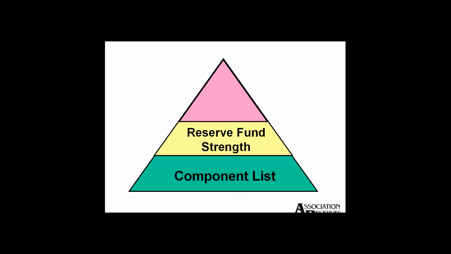Okay, well, after you have that reserve component list, the second result of a reserve study is the calculation of reserve fund strength, which reveals how well the size of your reserve fund balance matches up against the needs defined by your components. And then comes the calculated reserve funding plan, which reveals how much it costs on an ongoing basis to offset the ongoing deterioration of your components and provide for the timely repair and replacement of your reserve components.